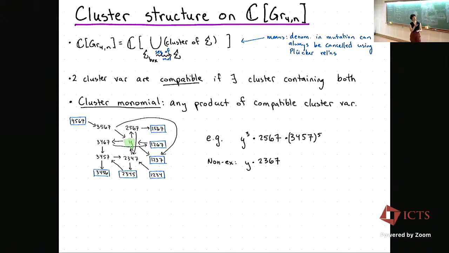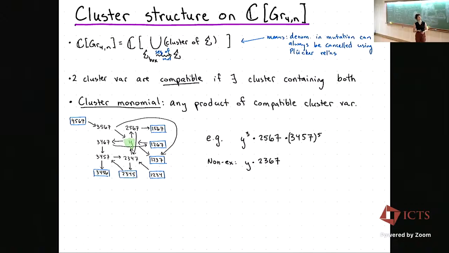So, 2 cluster variables are called compatible if they are together in some cluster, so in some seed. As I mutate around, cluster variables are jumping out of seeds, jumping into seeds, et cetera. And so they're compatible if they show up in some seed together, like 2, 5, 6, 7 and this y.